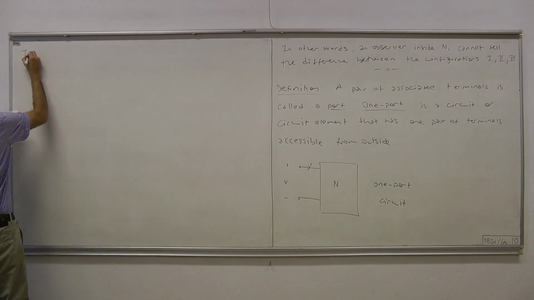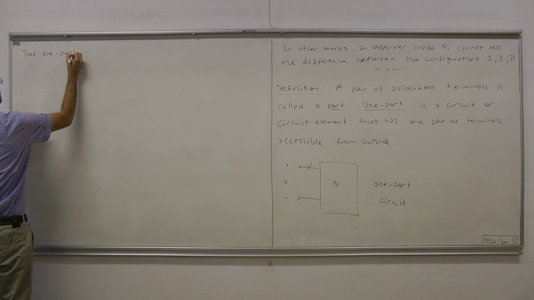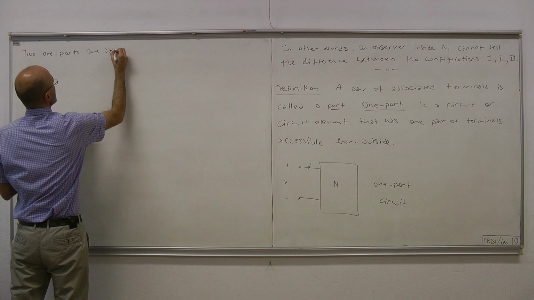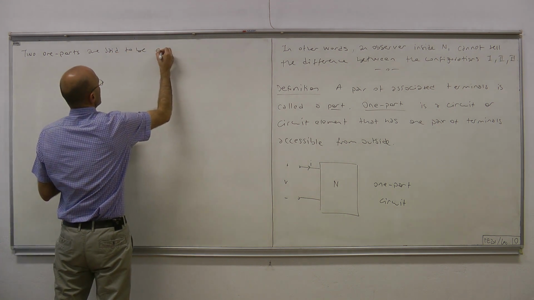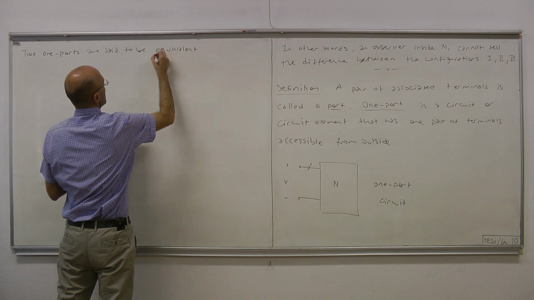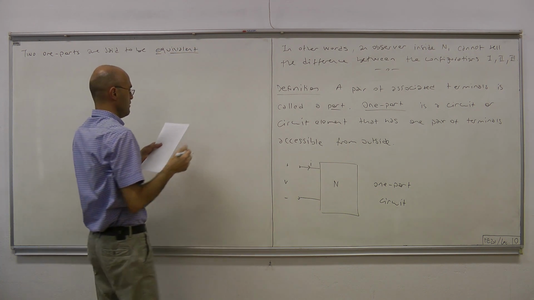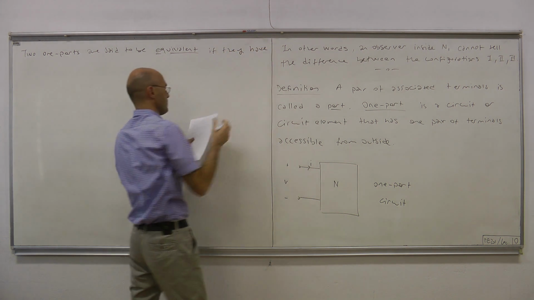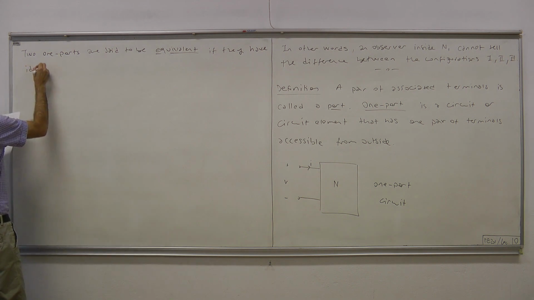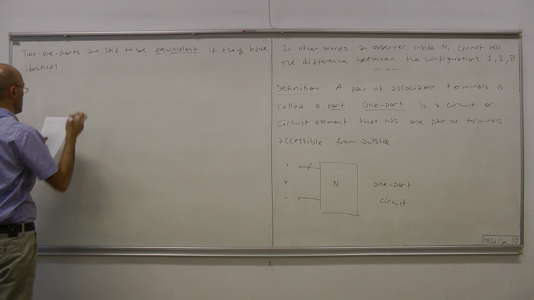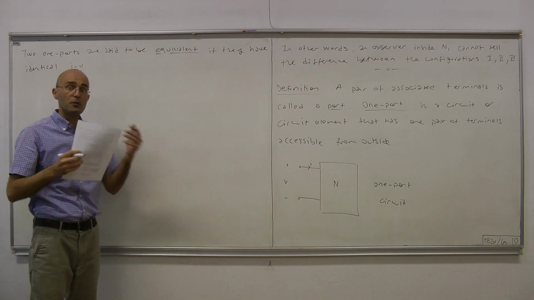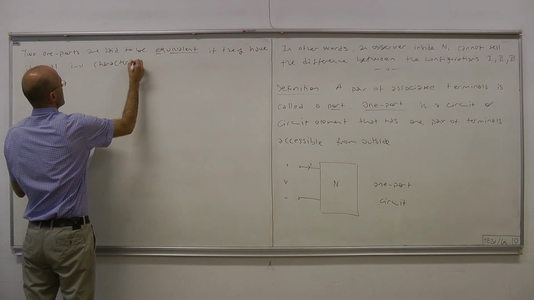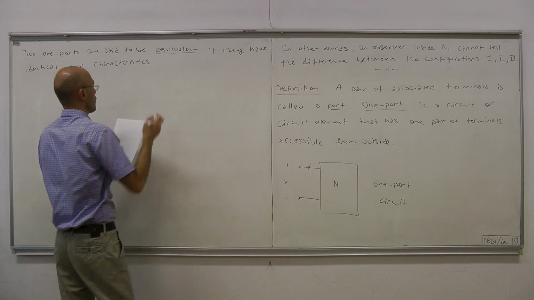Two one-ports, or two one-port circuits, are said to be equivalent if they have identical current voltage relationship, characteristics at the port terminals.